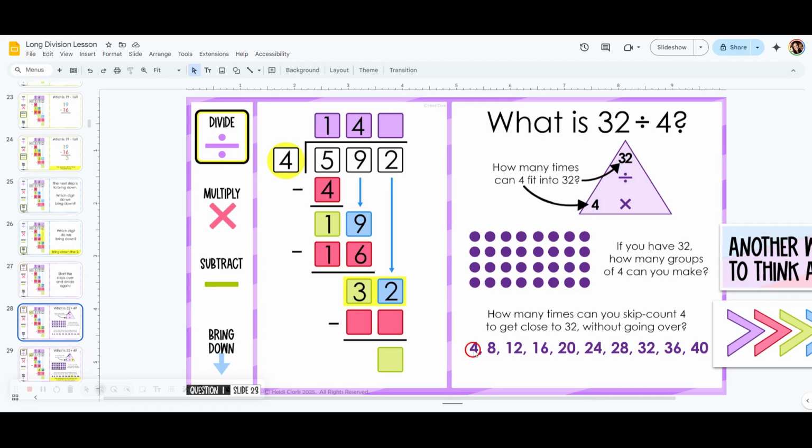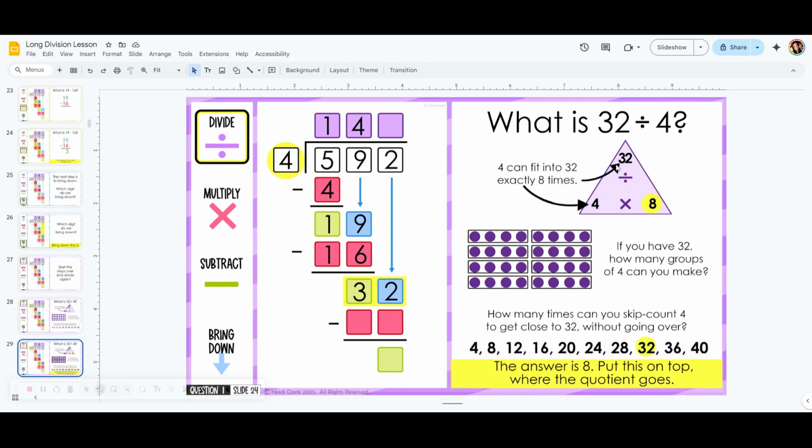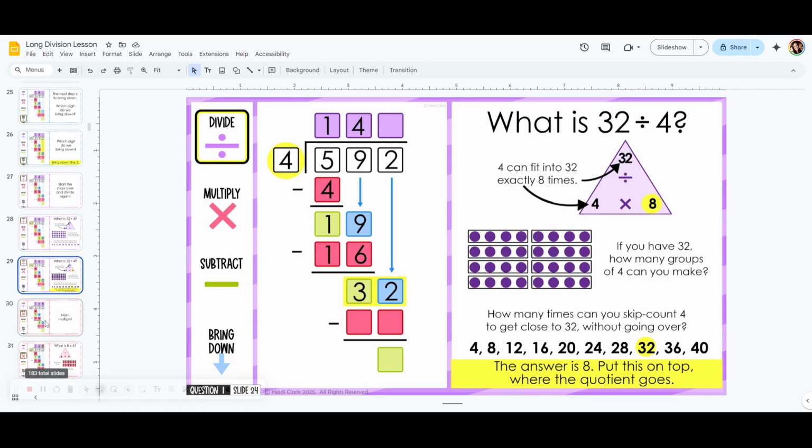And the answer is 1, 2, 3, 4, 5, 6, 7, 8. And indeed, 4 times 8 is 32 exactly. So we just divided. We did 32 divided by 4. So you're going to put that 8 up here in the purple box for division.